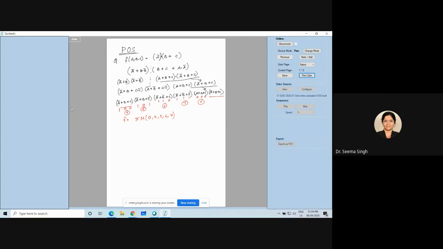Now let us take the next question using K-map. Write down: solve the following expression using max term K-map or product of sum K-map.